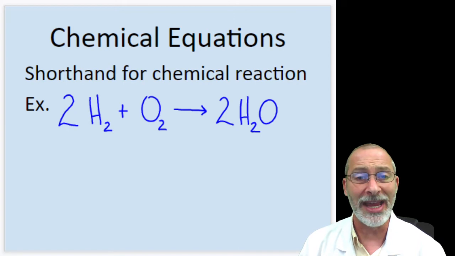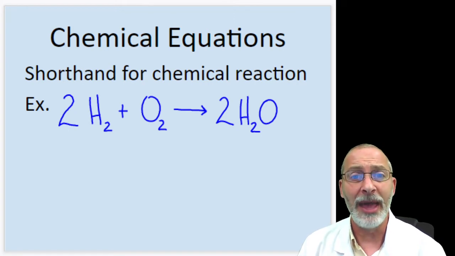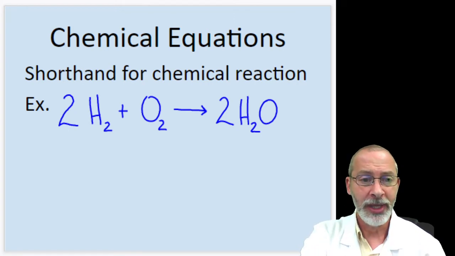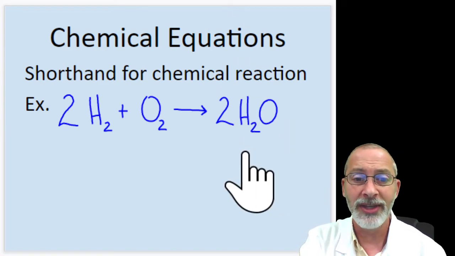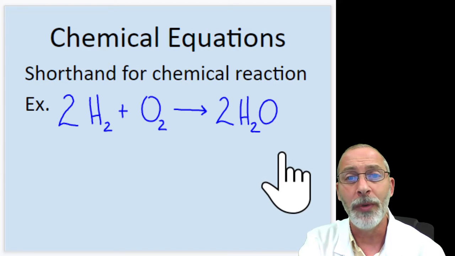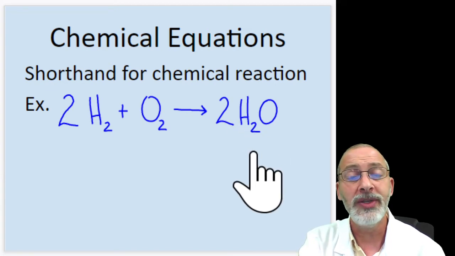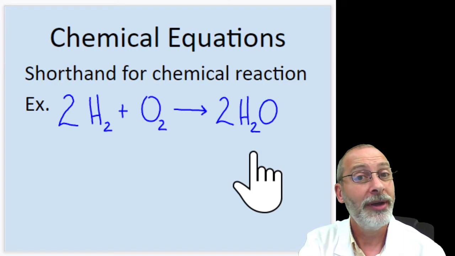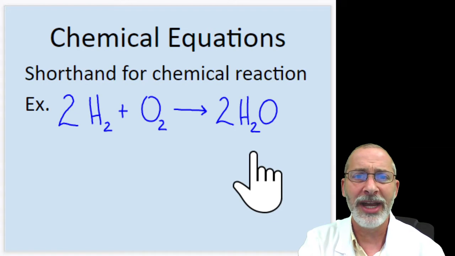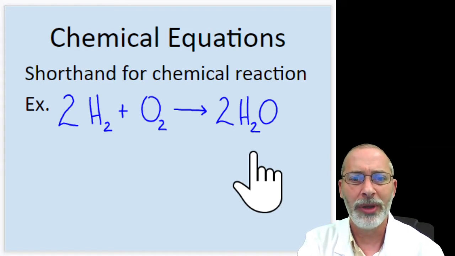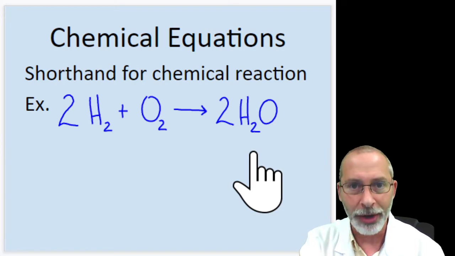Here is an example of a chemical equation. You may recognize some of this. You may recognize the H2O. H2O is the formula for water, and I mentioned we're going to find out exactly how to make water. Well, here it is, step-by-step instructions on how to make water.